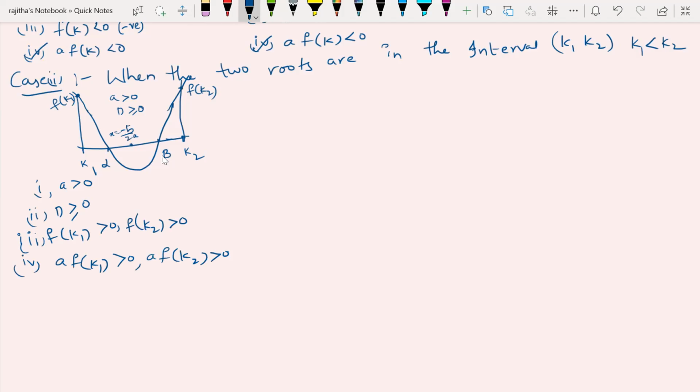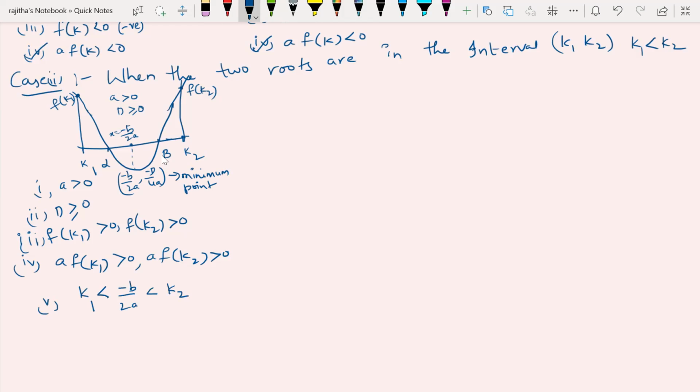That point, minus b by 2a comma minus d by 4a, is the minimum point. So k1 is less than minus b by 2a, which is less than k2.